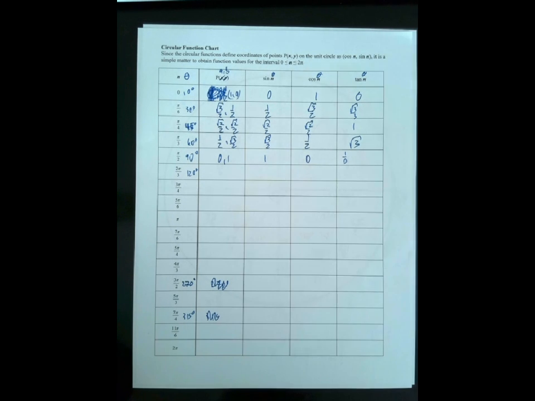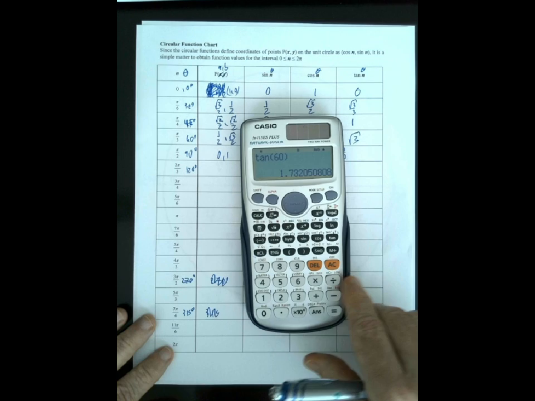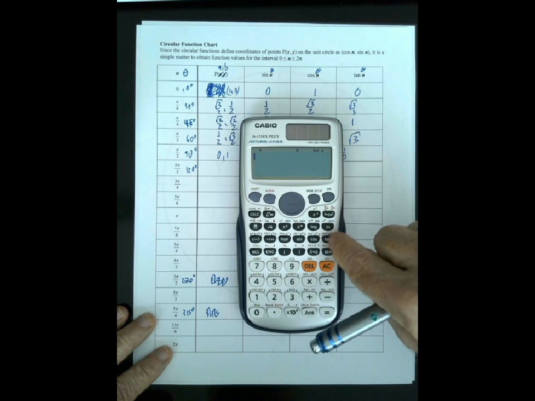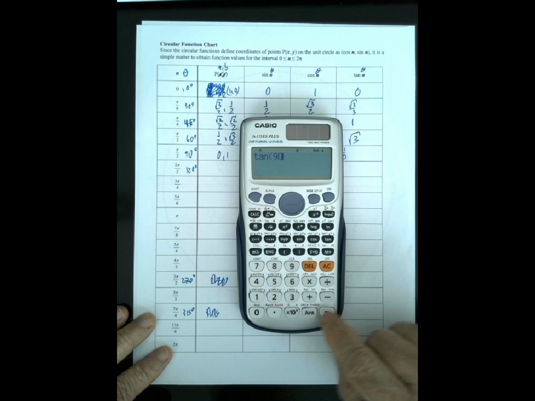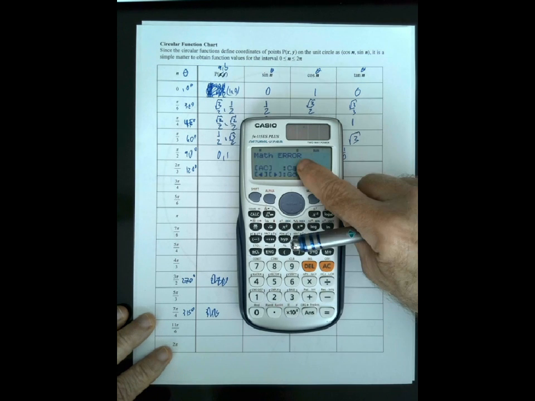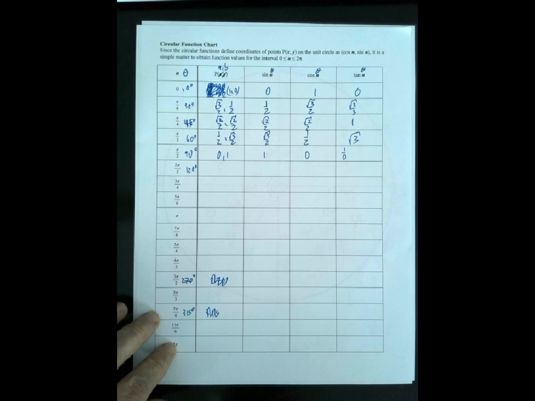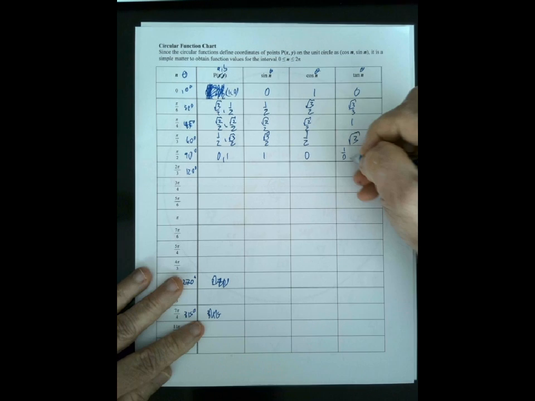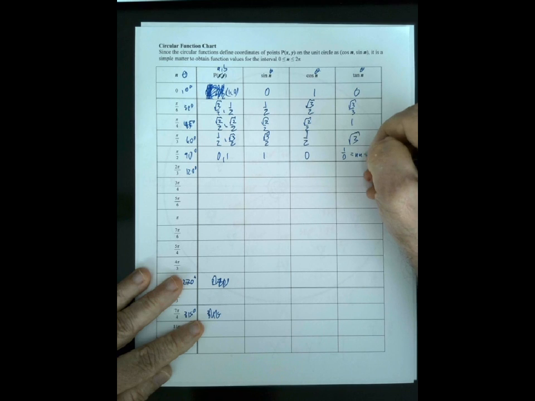So try that on your calculator here. Do tan 90, and it will give you some kind of an error message depending on your calculator. The tangent function is undefined at 90 degrees. So I'm just going to write undefined there.